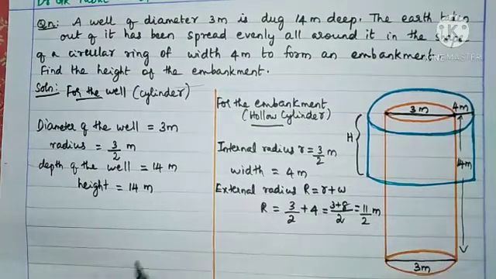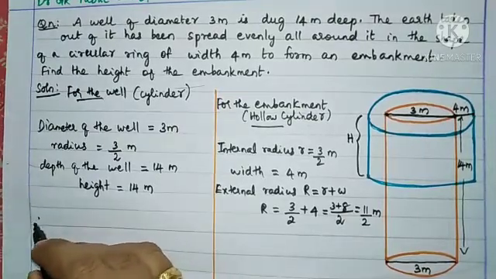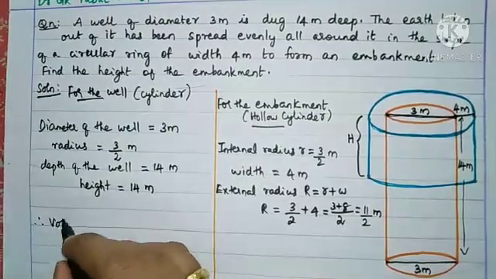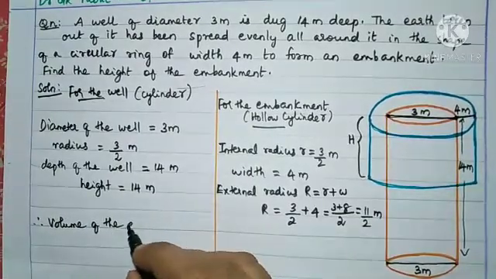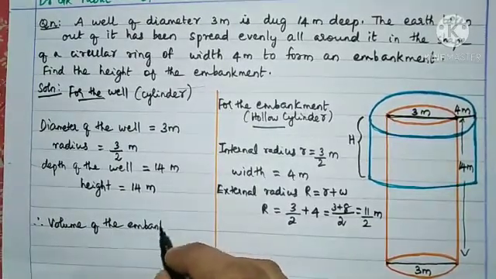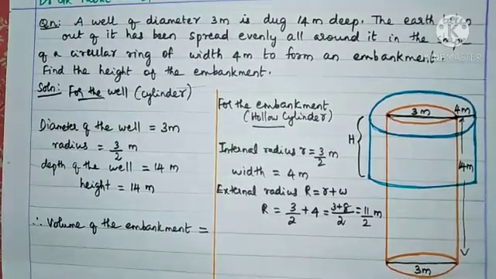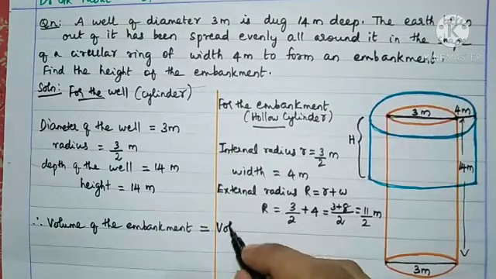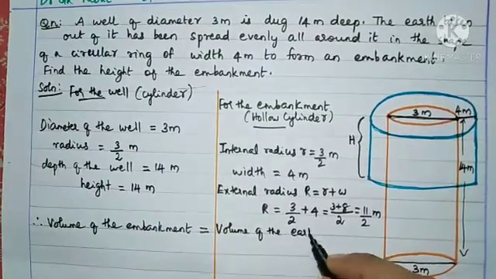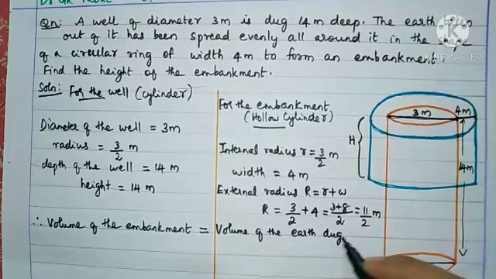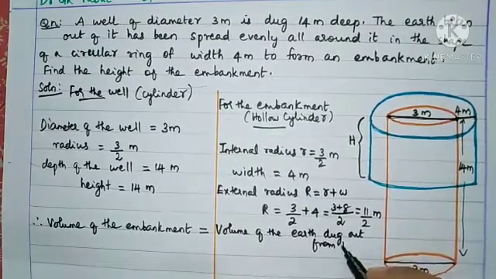Okay, so we can write: therefore, volume of the embankment is equal to volume of the earth dug out from the well.